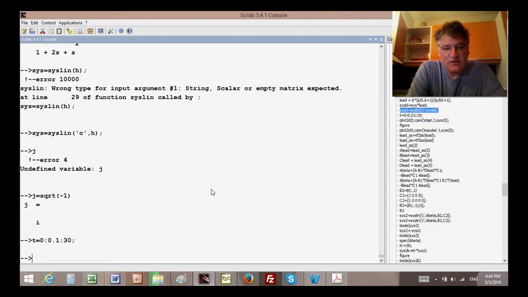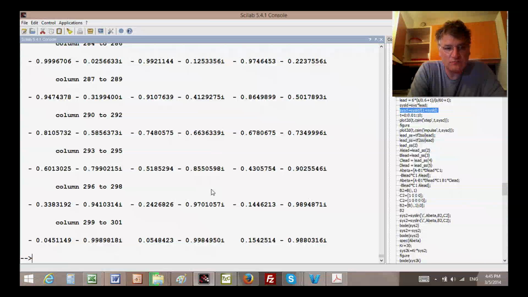And we're going to write that u, the input to the system, is going to be equal to the exponential of j times omega, where we pick an exciting frequency of, I don't know, like 6 radians per second, or maybe 2 radians per second, or maybe 1 radian per second. So in that case, it'll be 1 radian per second times t. Let's see if that works. It sure does.